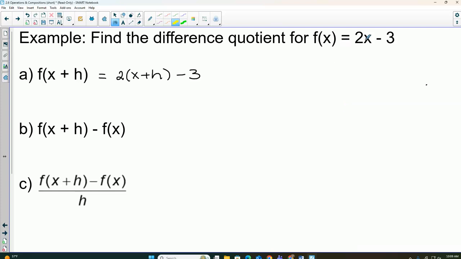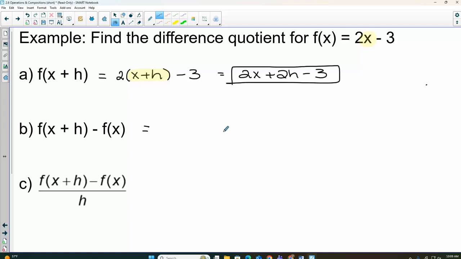I gave you an expression, and that replaces the current variable. As far as simplifying this, we can distribute the 2, so we get 2x plus 2h minus 3. That's all we can do. Part A is always going to be the ugliest of the 3. You're putting in x plus h, you get this expression.